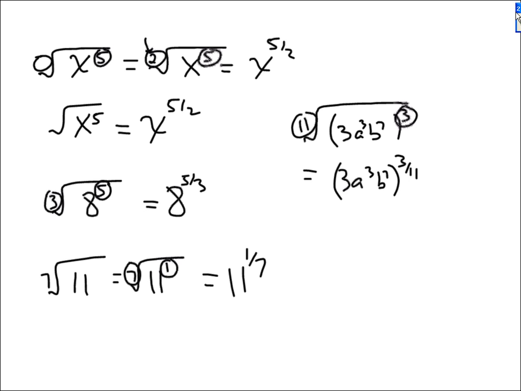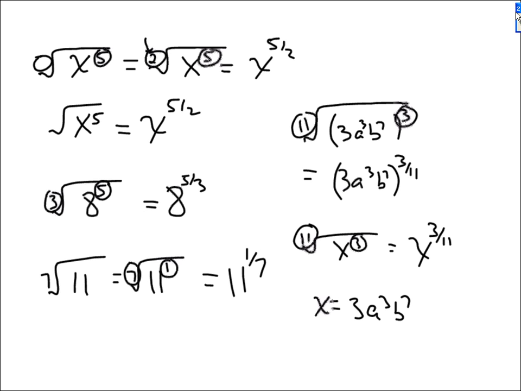This is very similar to the earlier problem, which would be x to the 3 over 11. What if you come to learn that x was 3a cubed b to the 7th? Instead of x, you put 3a cubed b to the 7th, exactly like we did up here, and the whole thing gets raised to the 3 over 11.